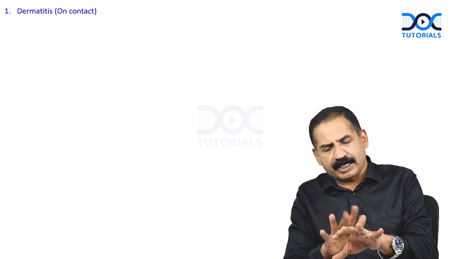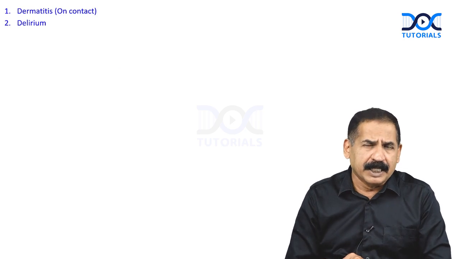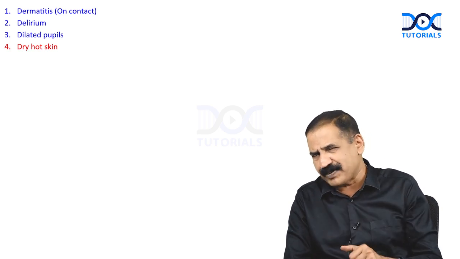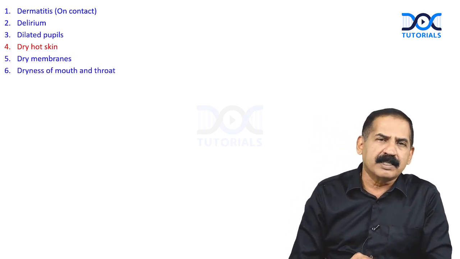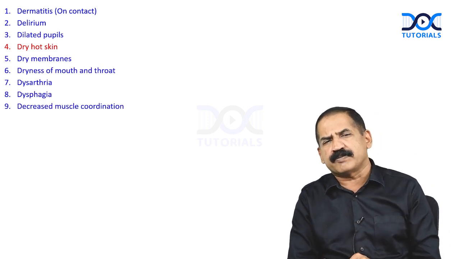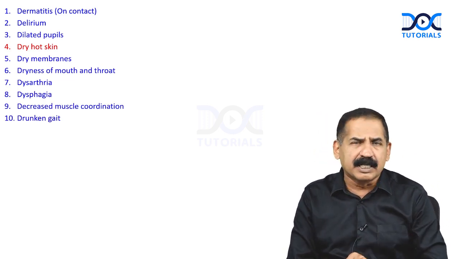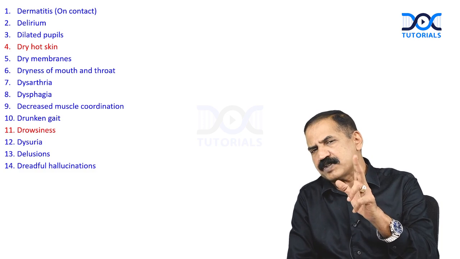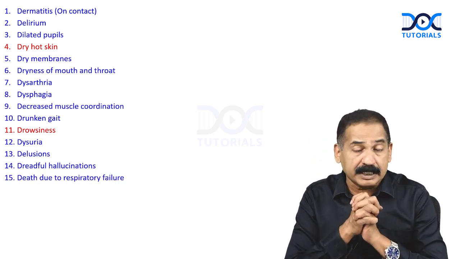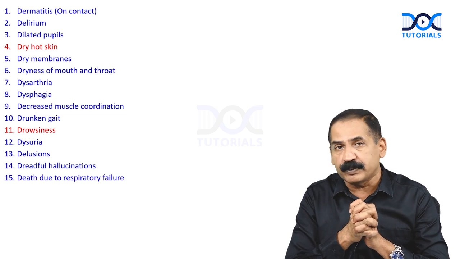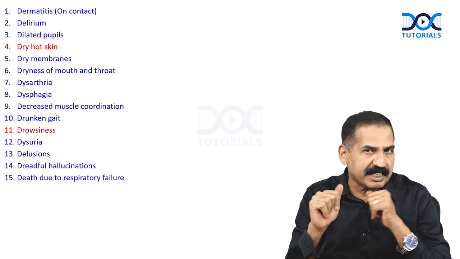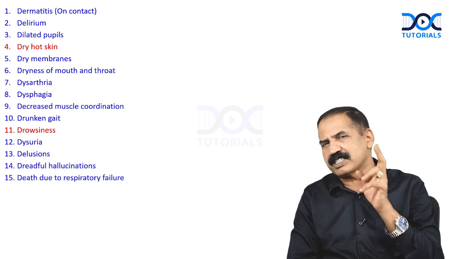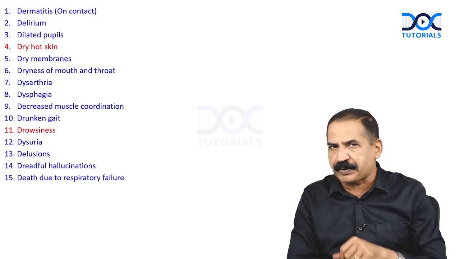It causes dermatitis on contact, delirium, dilated pupils, dry hot skin, because of the suppression of sweat, dry membranes, dryness of mouth and throat, dysarthria, dysphagia, decreased muscle coordination, drunken gait, drowsiness, dysuria, delusions, dreadful hallucinations, and finally death by respiratory failure. All 15 Ds. And here I have given in red dry, hot skin and drowsiness, the same thing asked in the question.